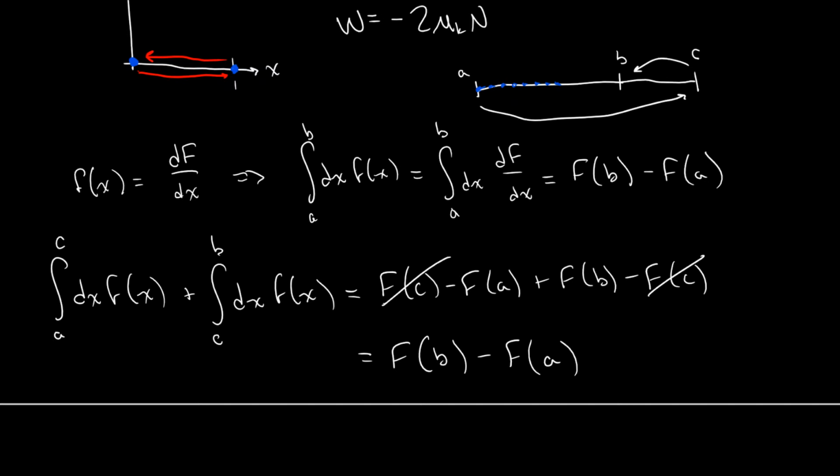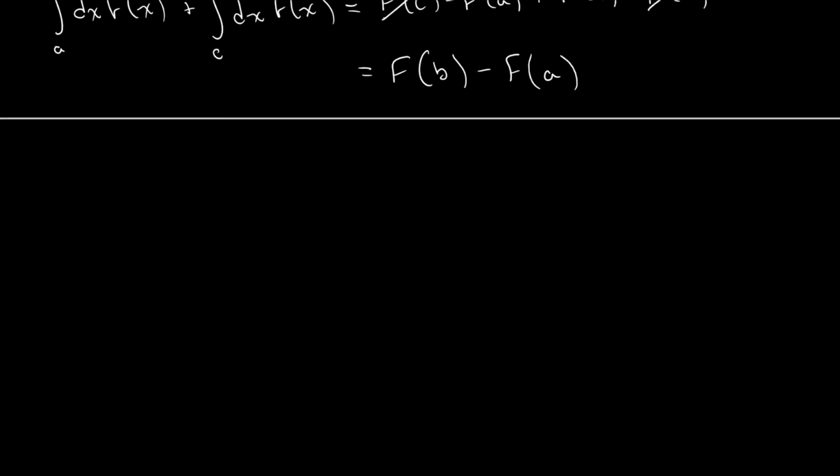So what we learn from this is that if I can write my function as a derivative, it's only going to depend on the endpoints. But this is the one-dimensional case, and we care about the three-dimensional case.